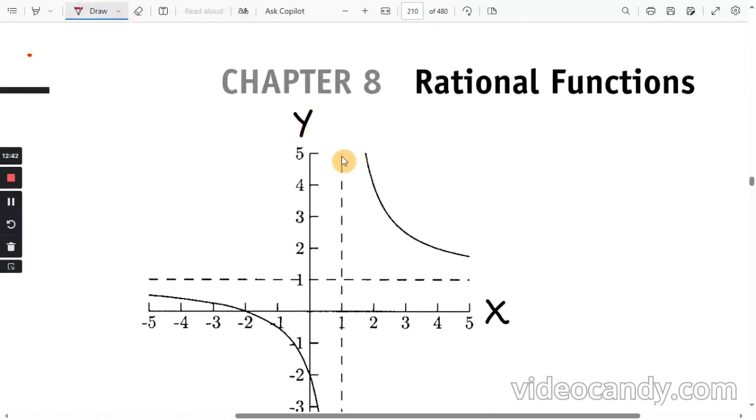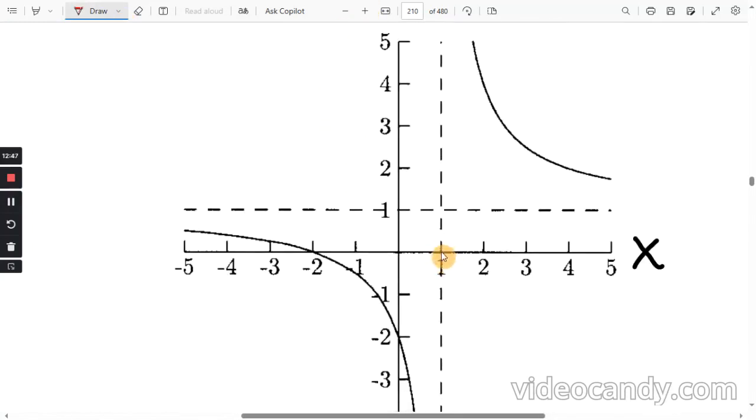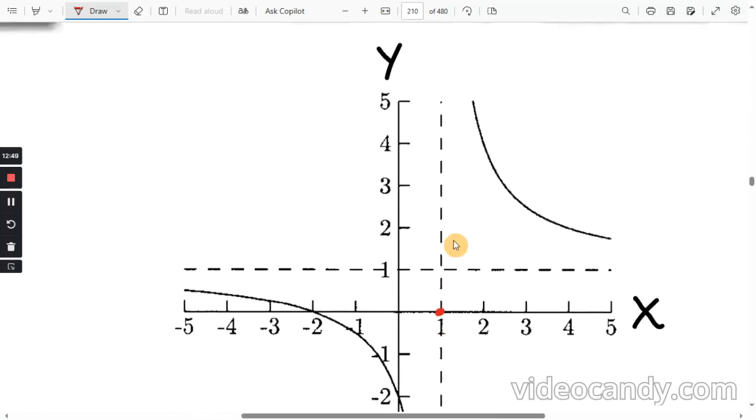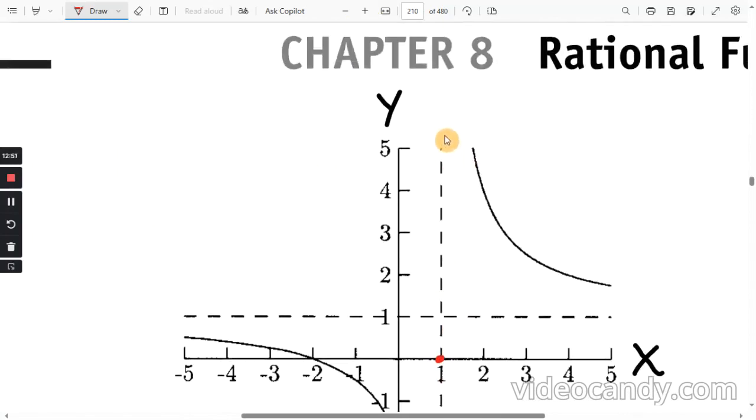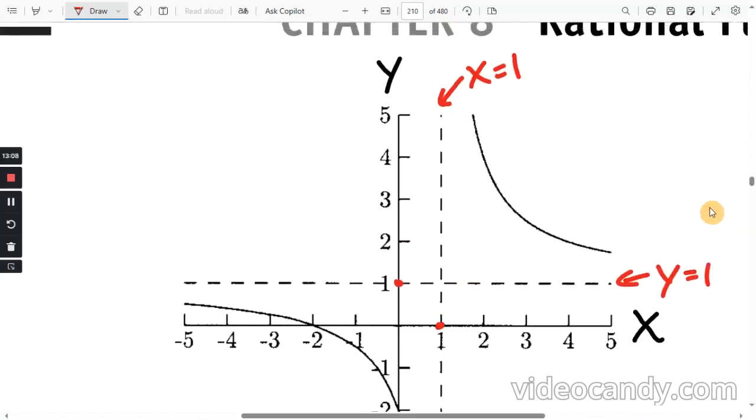Well, the vertical asymptote is going right through x equals 1, so this asymptote is going to be x equals 1. And this one here is going through y equals 1, so this asymptote is going to be y equals 1.